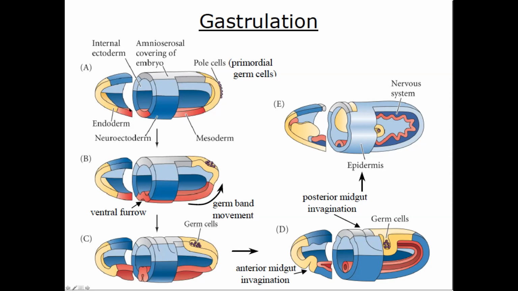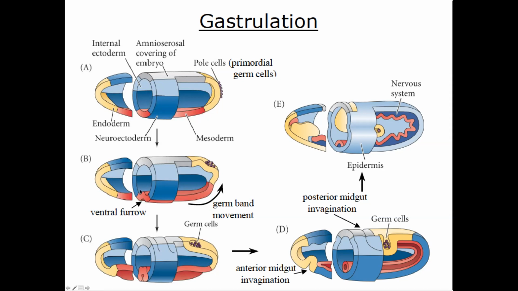They will get specified. Now, the first event that happens in a gastrulating Drosophila embryo is the formation of the mesoderm. Now, this is anterior, posterior, dorsal, and ventral. So, at the ventral side of the embryo, you have a group of 1,000 cells or so, which start moving inwards.